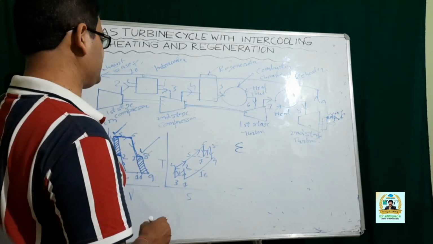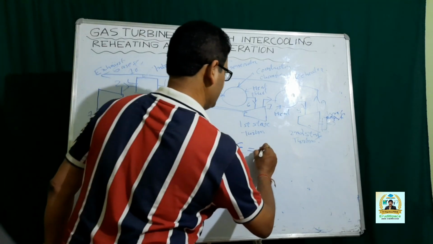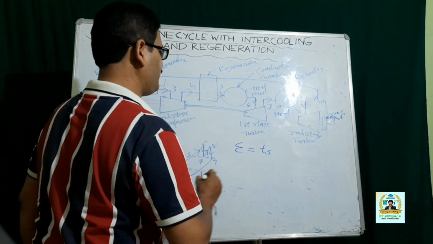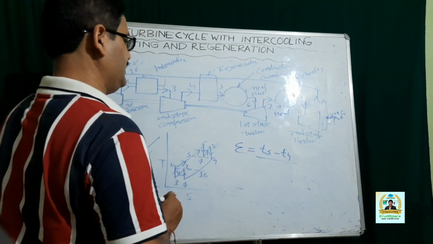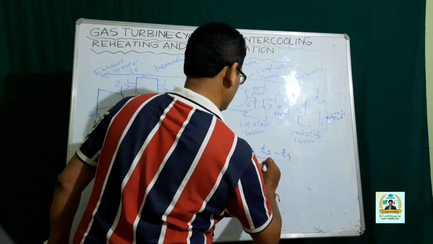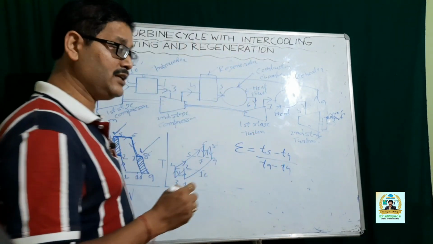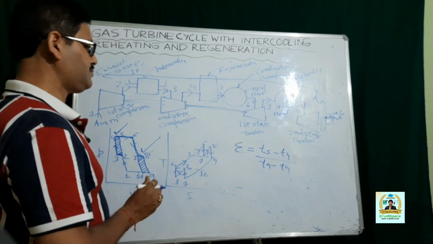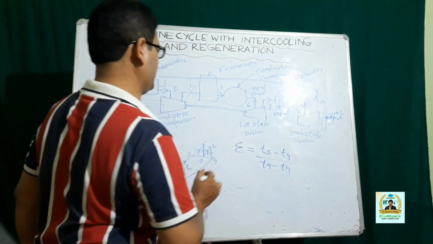The effectiveness of the regenerator is (T5 minus T4) divided by (T9 minus T4). That is the ratio between the actual temperature rise to the maximum possible temperature rise.